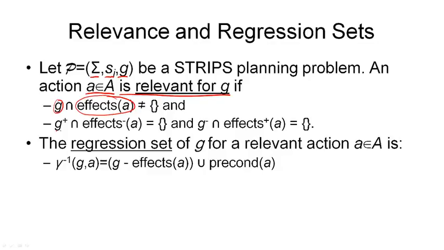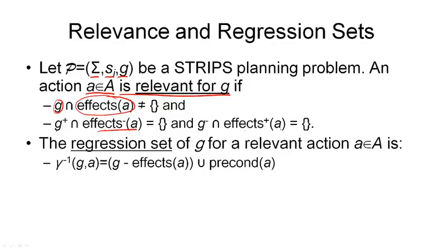Secondly, the positive goals of the goal description and the negative effects of the action must not intersect, and the negative goals and the positive effects also must not intersect. This means the goal must not conflict with the effects of the action. Looking at the first case, if we had a negative effect of the action that was also a positive goal, that means this action would delete this goal from our state, so it would no longer hold.